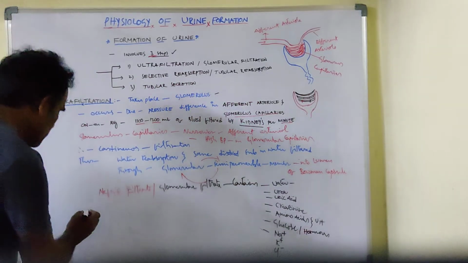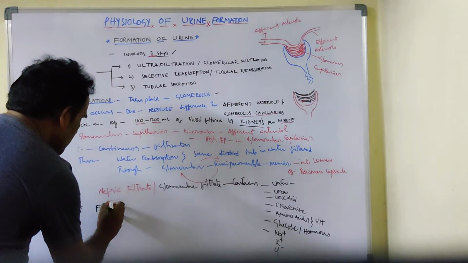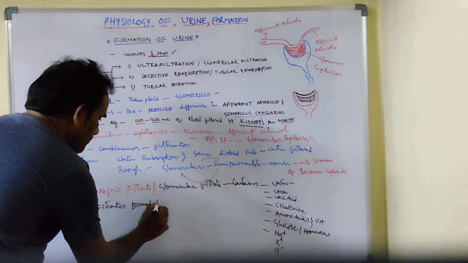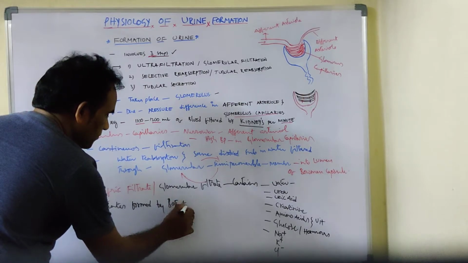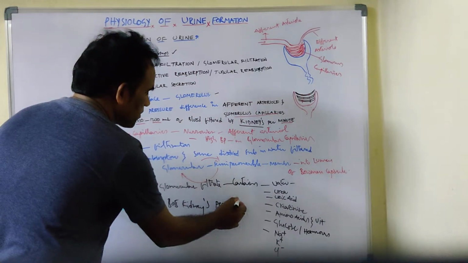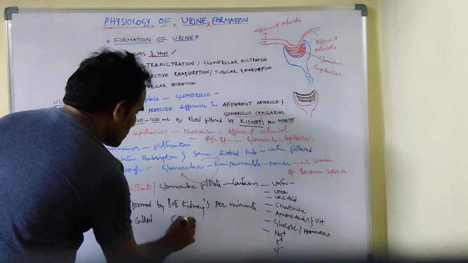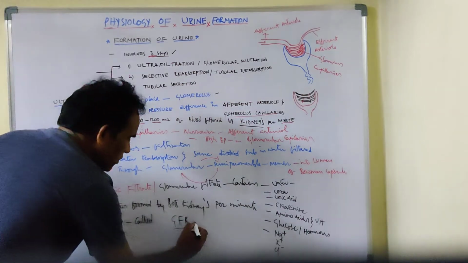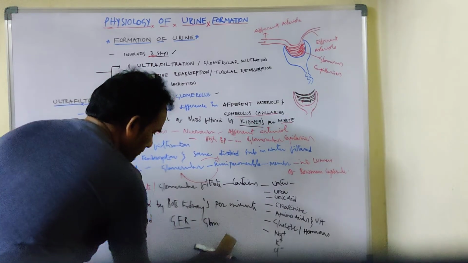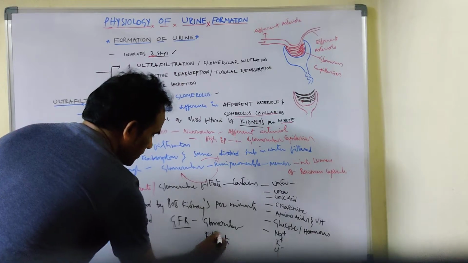Now let us come to the next, very important point: the filtrate formed by both the kidneys per minute is called GFR, the glomerular filtrate rate.